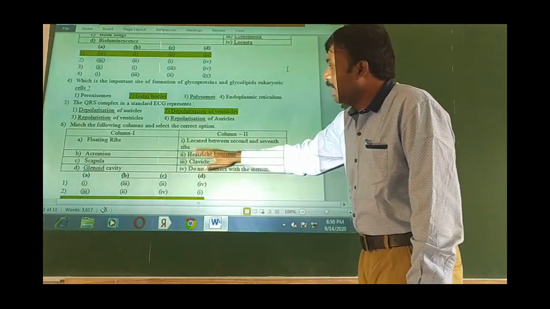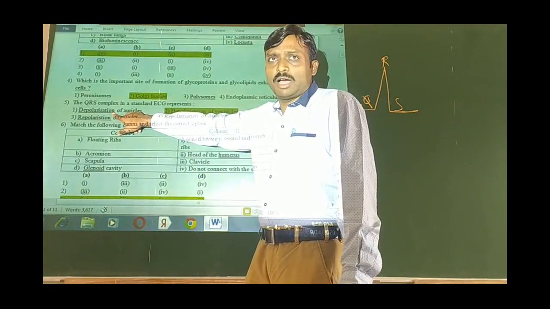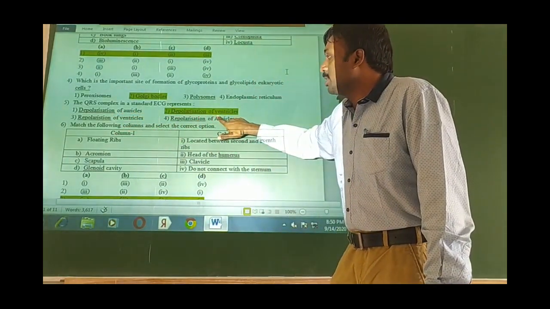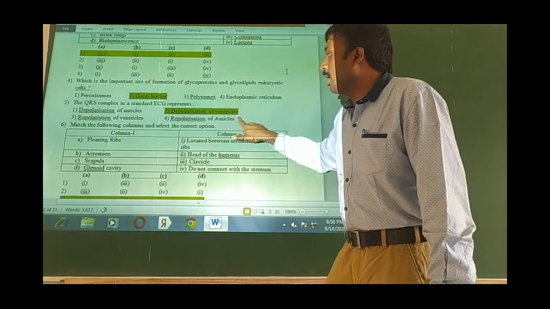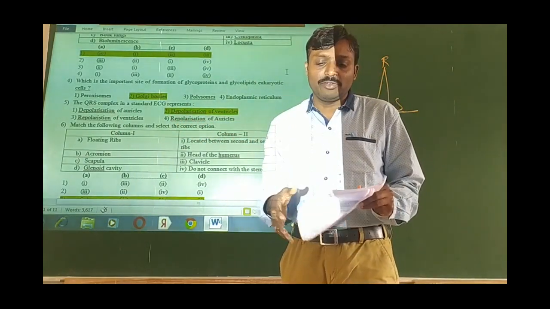If we go through the options, the first one is depolarization of auricles and depolarization of ventricles. This becomes our answer, depolarization of ventricles. Now what is depolarization of ventricles?